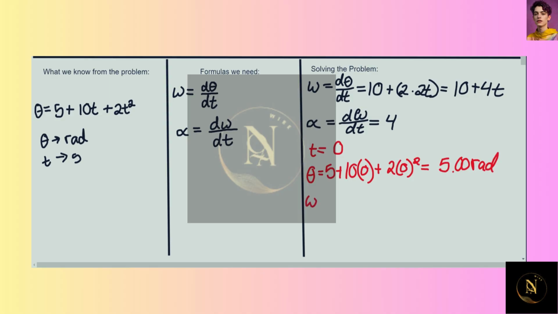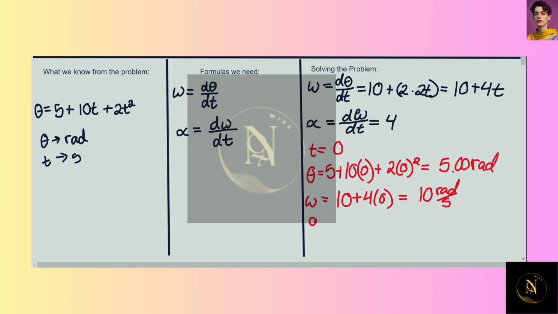Next, omega, we take this formula, plug stuff in, we get 10 plus 4 times 0, and then that equals 10 radians per second.